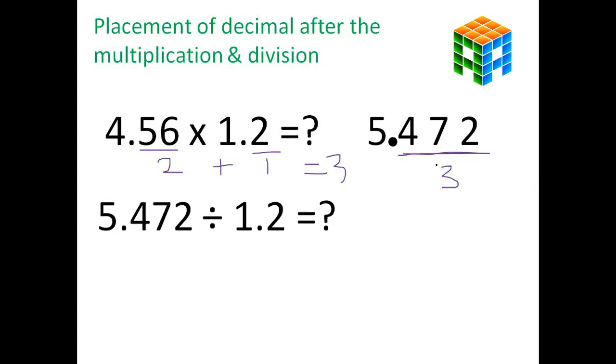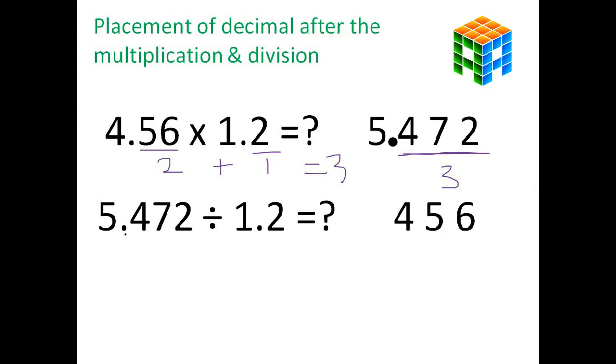Division is the opposite process of multiplication. In multiplication we added the decimal digits. In this case we subtract the decimal digits. So, 5.472 divided by 1.2: just divide as usual without the decimal, and you will get the answer 456.